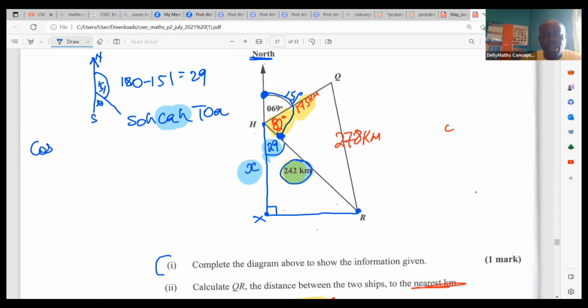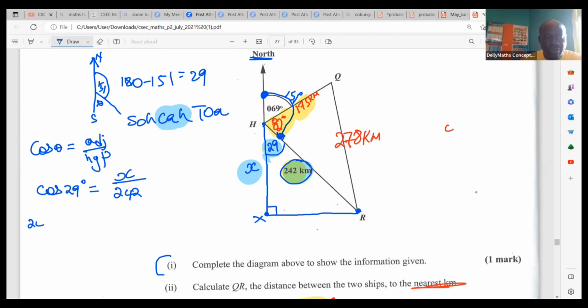The cosine of an angle in the right angle triangle is equal to the adjacent side divided by the hypotenuse side. So in so doing, it's going to be the cosine of 29 degrees, which is going to equal X, which is the distance I need to travel south, over 242, which is now my hypotenuse.